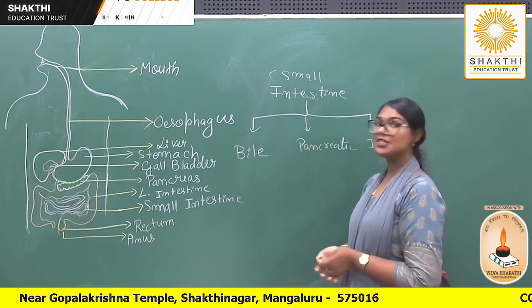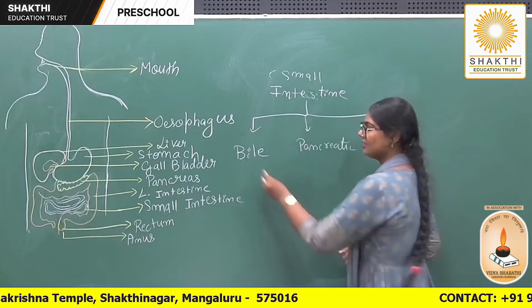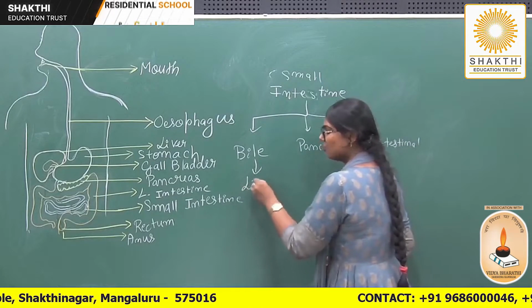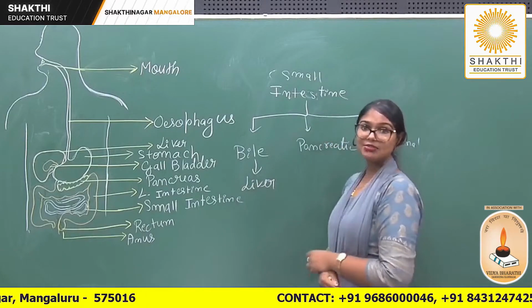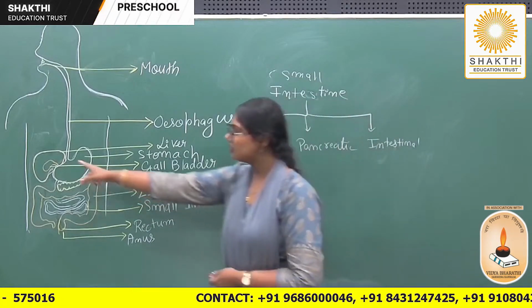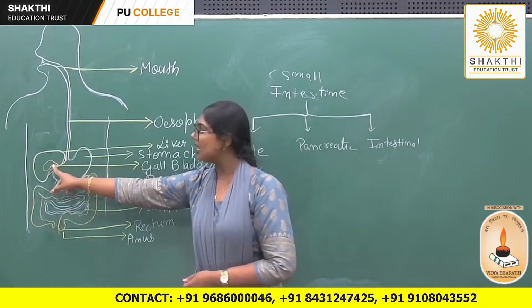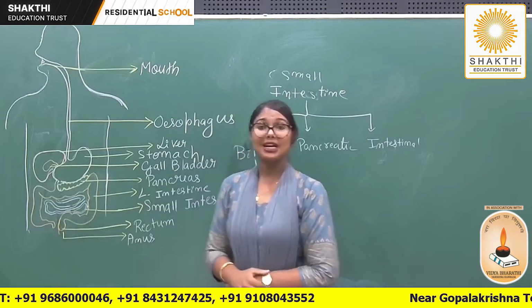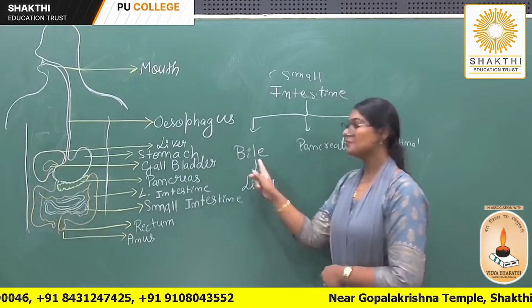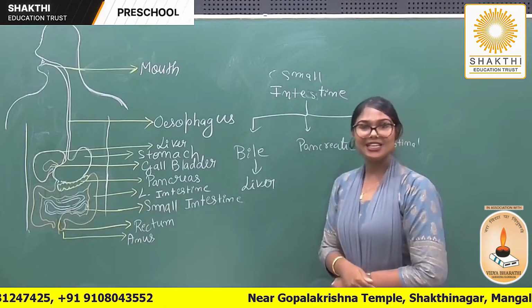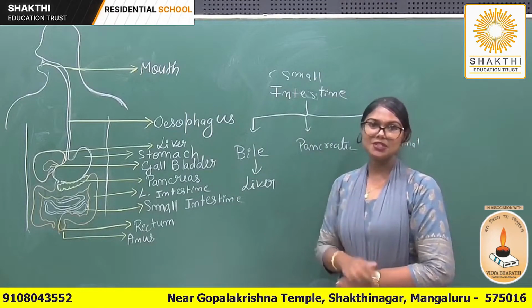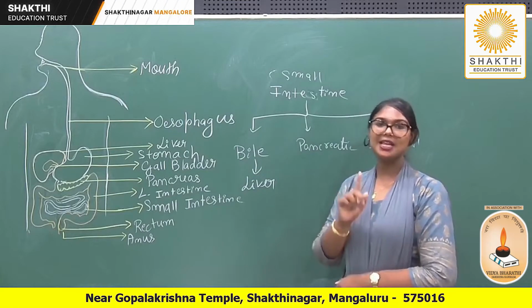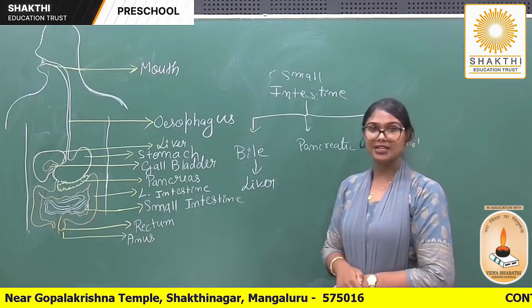The bile juice is produced by the liver and it is stored in the gallbladder of the liver. Quickly recall this photo. So we have the gallbladder in the center of the liver. Now this gallbladder will contain bile juice, and this bile juice helps in digestion of fat. Very important, students. Function of bile juice: helps in the digestion of fat.